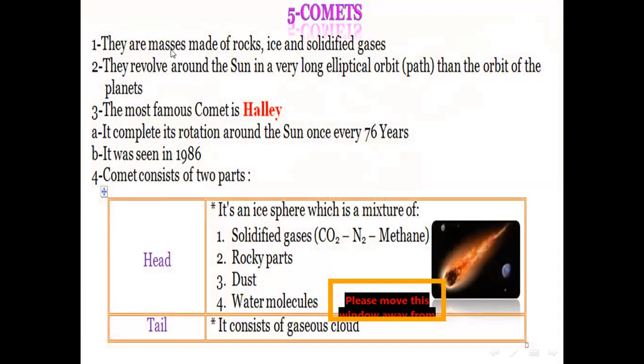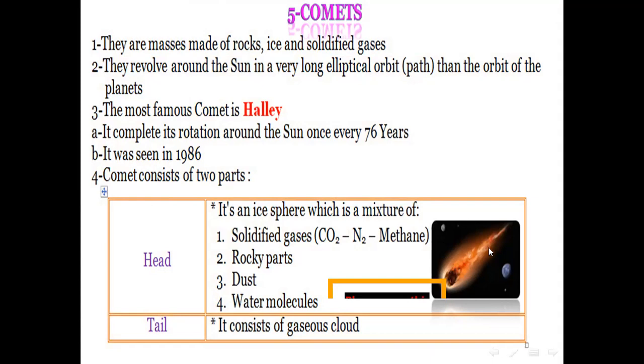Here we have another celestial body, which is the comet. Comets are masses of rocks, ice, and solidified gases. If you look at the picture here, you think that it is a burning gaseous ball, because it moves very fast around the sun with very high velocity.